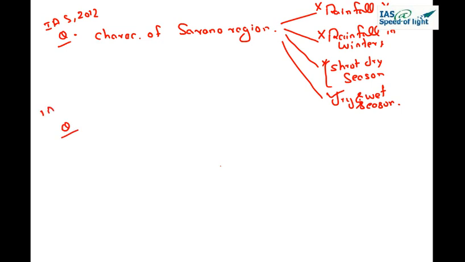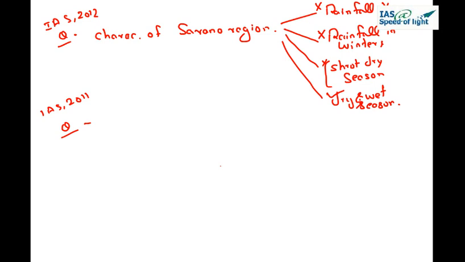This has been asked in IAS 2011, right? So what they are asking is, what could be the main reason for the formation of African or Eurasian desert belt? Okay, we have studied the desert belt in the hot tropical trade wind region.